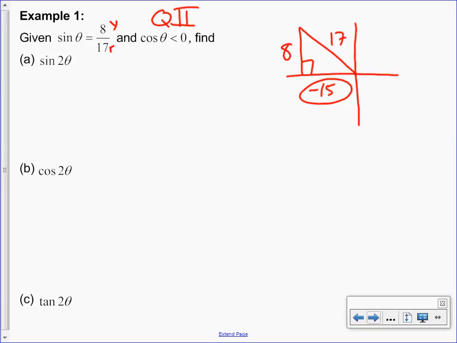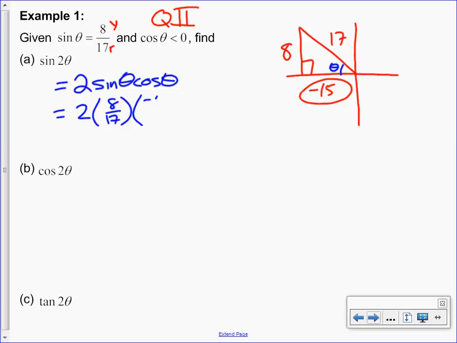Okay? So, the sine of 2 theta. Ready? The sine of 2 theta is the same thing as 2 sine theta cosine theta. So that's 2. Sine is 8 over 17. And cosine is negative 15 over 17. Cosine is x over r.